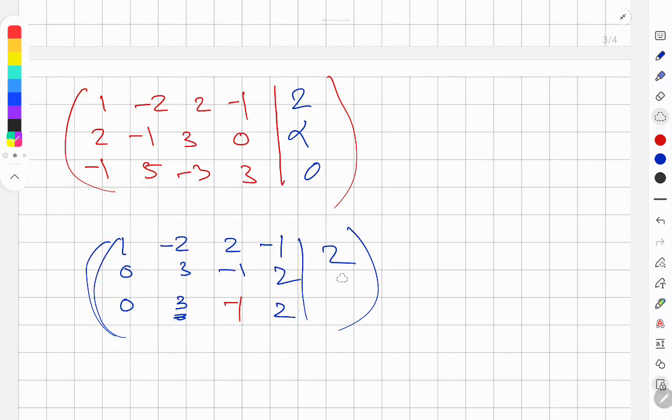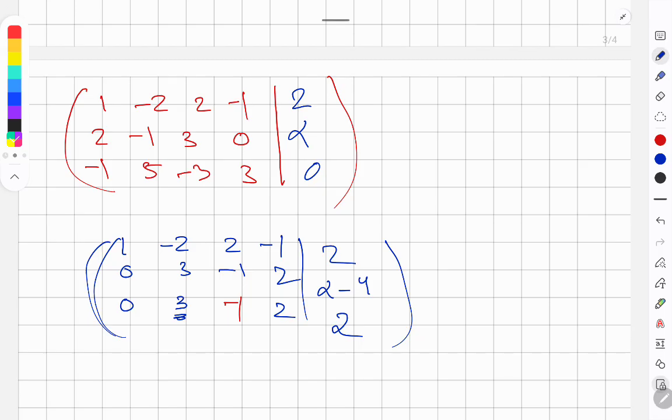Okay, and here there will be alpha minus 4, because I'm multiplying by -2 and adding it over here. And here it will be 2, 2, correct? You're adding the first row here.